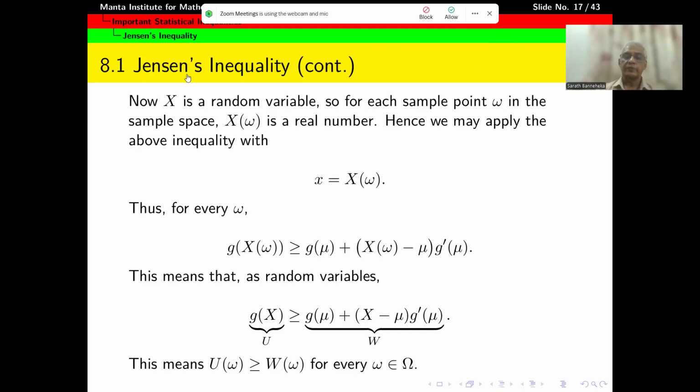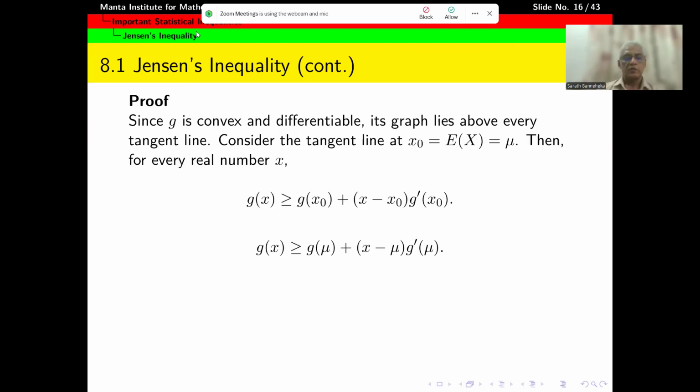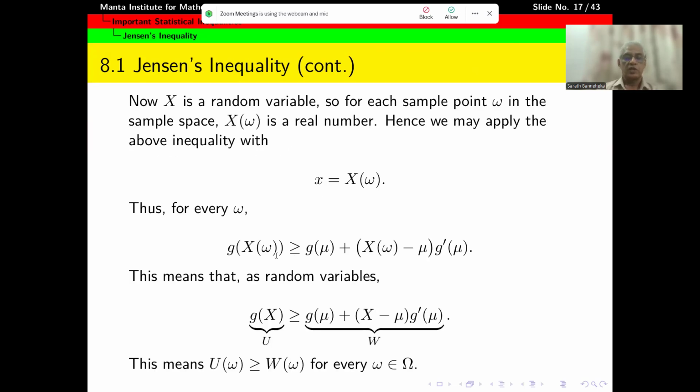Then we should be able to write down the previous expression for that x also, if g is a convex function. So therefore, g at that simple x, which is now equal to X(omega), is greater than or equal to g(mu) plus, and then simple x, which is now capital X(omega), minus mu, times g dash(mu), right?